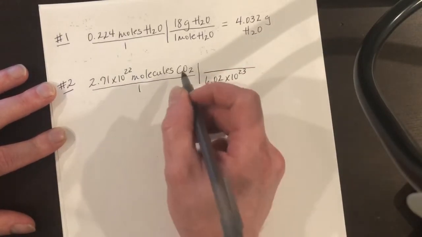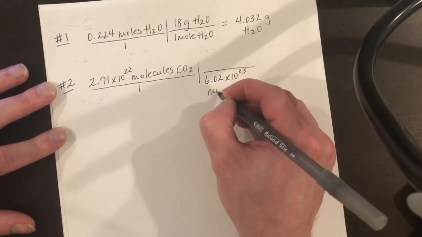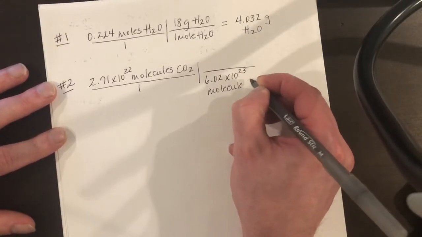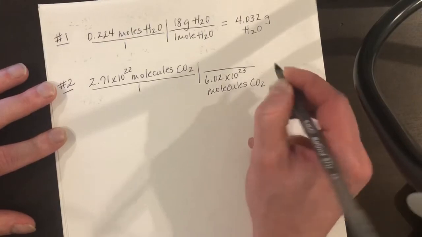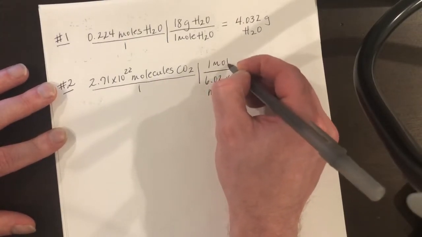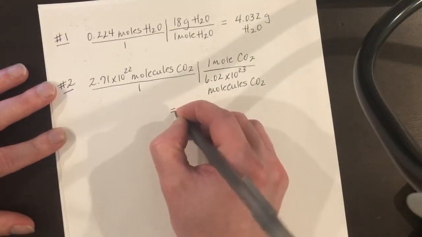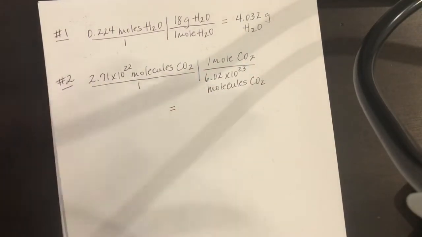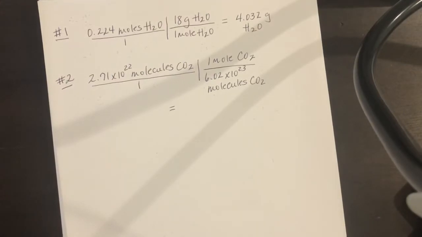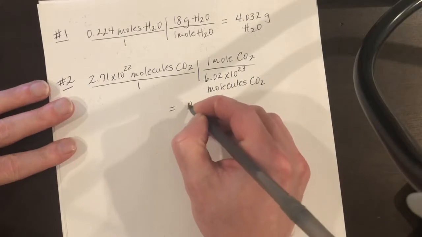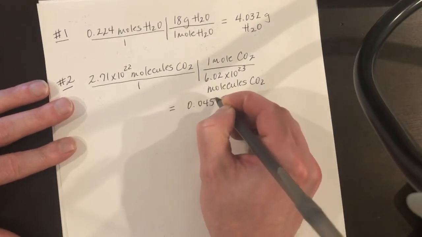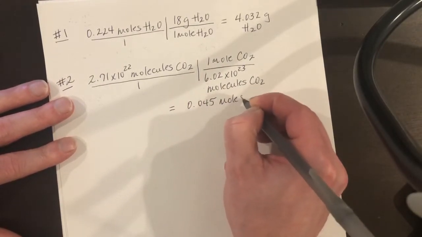And since CO2 is more than one element, it's going to be a molecule. And that's equal to 1 mole of CO2. Okay, we put that in the calculator. Now remember, if you have some of those special calculators that we talked about in class, where you have to put parentheses around Avogadro's number when you divide, you need to make sure you do that. So I got 0.045 moles of CO2.